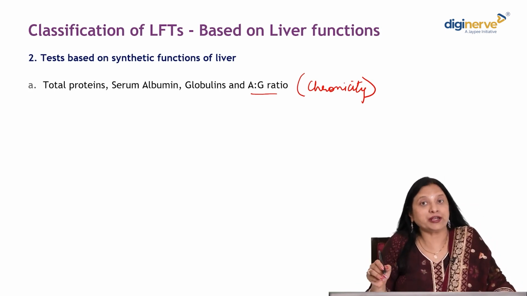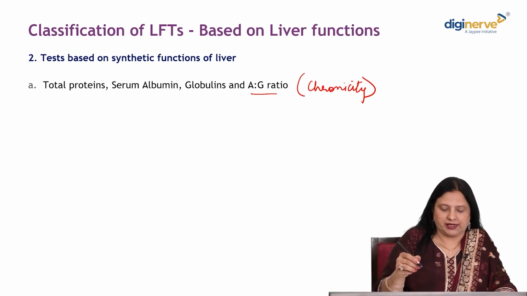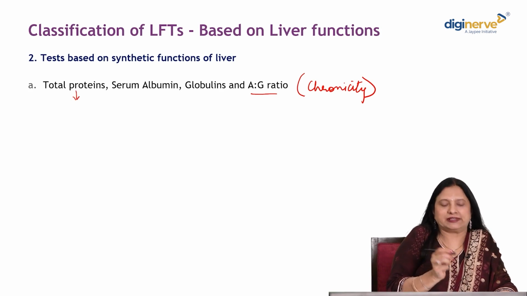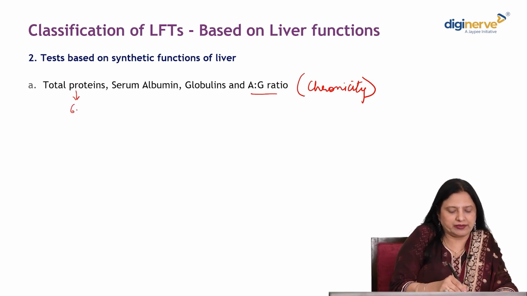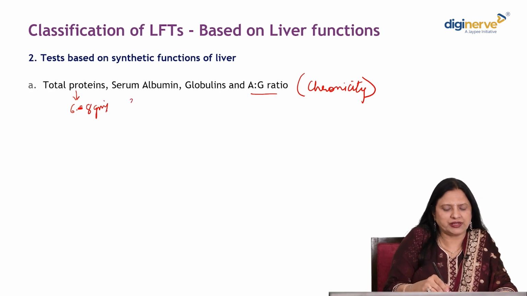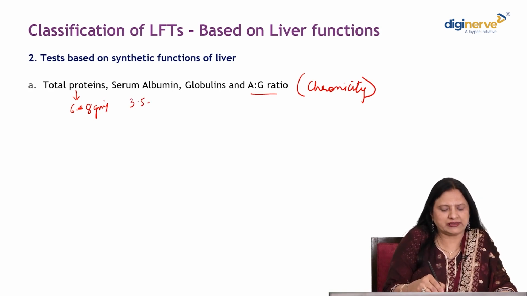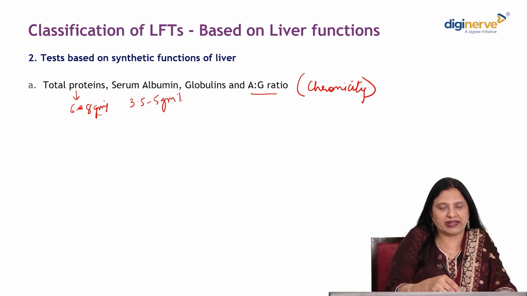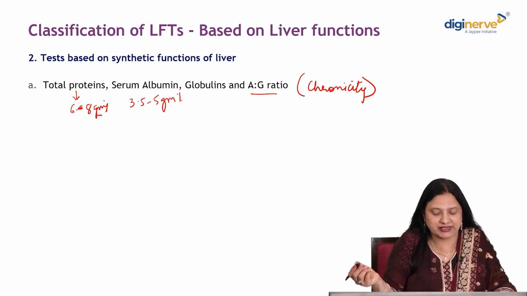Now coming on to the interpretation of these tests. Before that, let us see what the normal total protein levels are. So in serum, total protein levels are 6 to 8 grams %, out of which serum albumin is 3.5 to 5 gram %. Please remember, I am not using milligram, it is in grams.